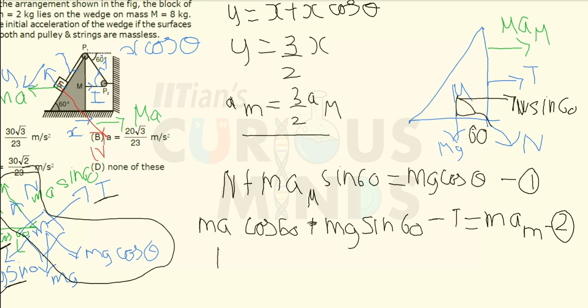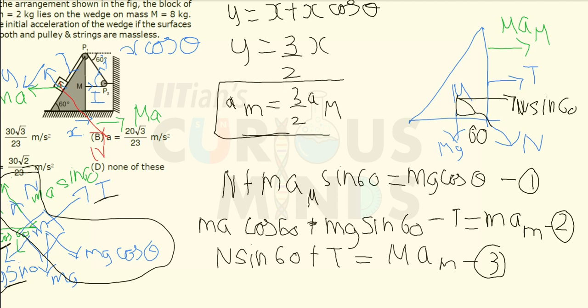So the equation will be N sin 60 plus the tension is equal to M A_M. Let this be the third equation. There is a very important part, that is A_m is equal to 3 by 2 A_M.